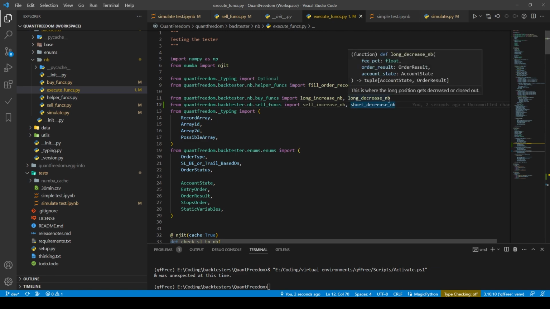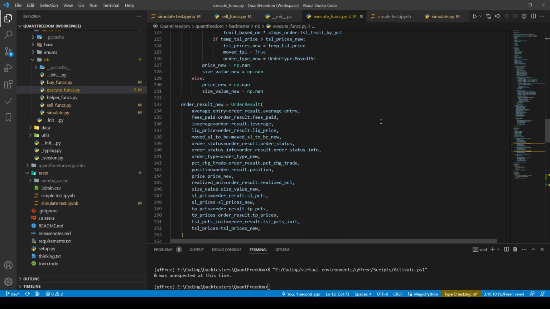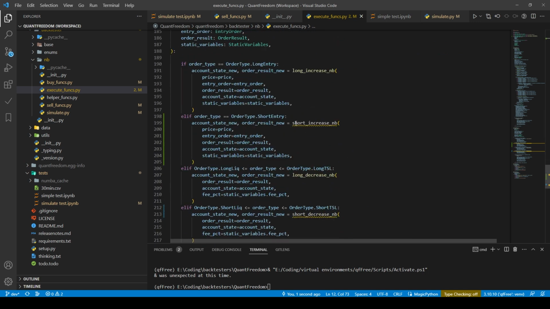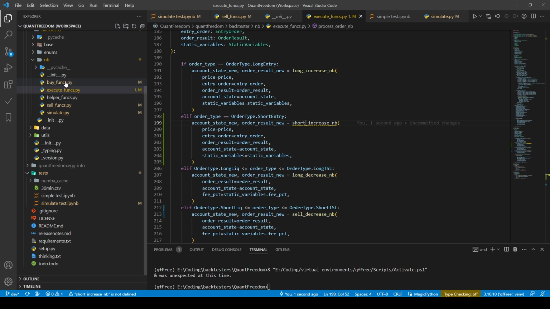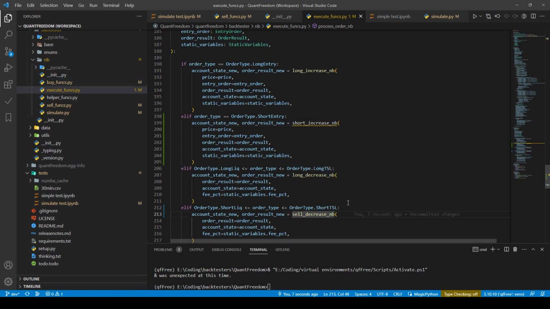Why did I call it these things? Wait, long increase? What? So this function should actually be long functions. What?